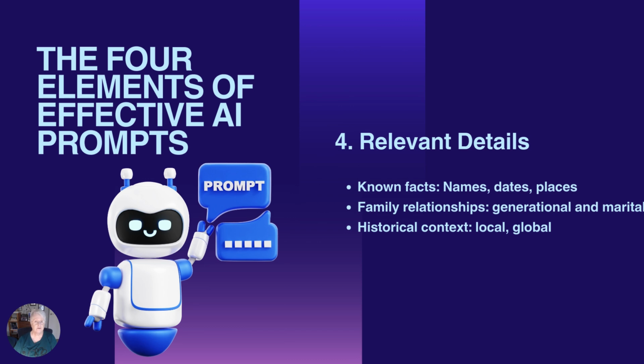Next, let's consider relevant details and determine what you can include about your own research, such as the known facts. You've got names, you've got dates, and you've got places. You'll also have knowledge of family relationships, whether they are generational in nature, from one level to another, or marital.